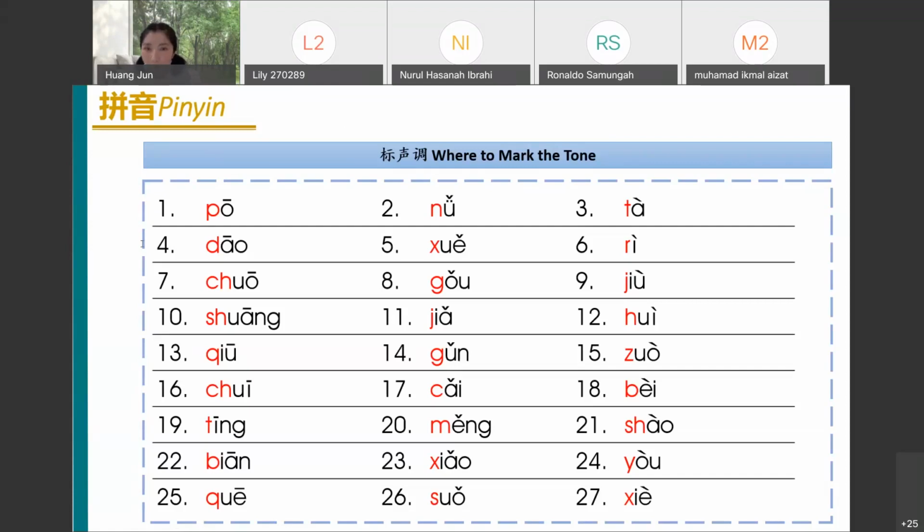Then if we are already clear on how to find the initial and how to mark the tone, I'd like to ask you another question. Look at the syllables, look at exercise number 10. In the word 双, in the syllable 双, we know the initial is sh, 诗. What is the final of this syllable?